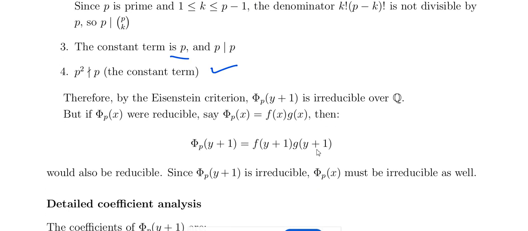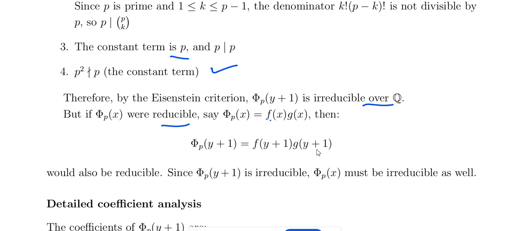So phi p of y plus 1 is irreducible over Q. Suppose phi p of x is reducible, phi p of x equal to f of x times g of x. Then phi p of y plus 1 equals f of y plus 1 times g of y plus 1, so it would also be reducible.